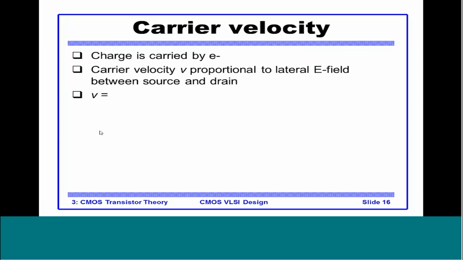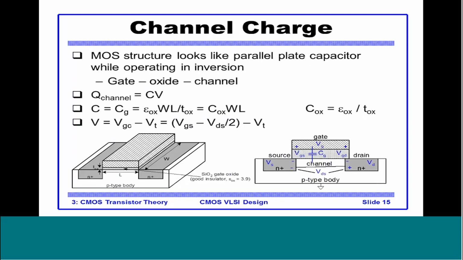Let's go back and think that what causes the charge to build up is the gate voltage. That is why in the last slide we saw that the gate voltage, which is responsible for setting up the charge, is calculated in terms of VGS.